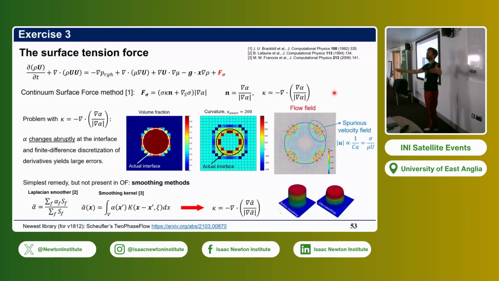If you have a very large scale flow, for example using OpenFOAM to study ocean waves, it may not be a problem. But if you want to study microfluidics, jets, droplets, or bubbles, then you need to do something about it, because these velocities scale as 1 over the capillary number, or 1 over the Weber number.